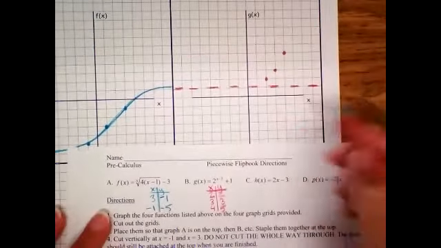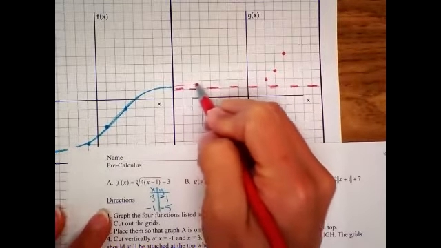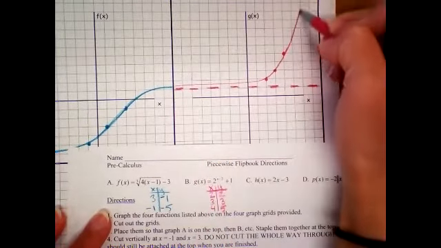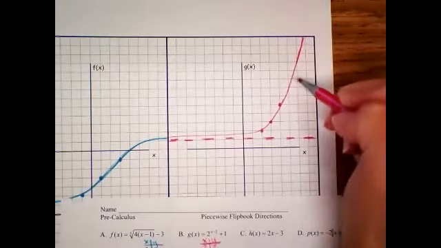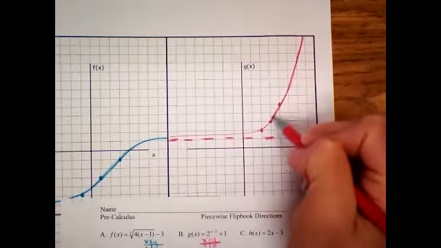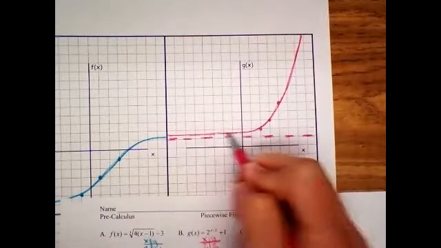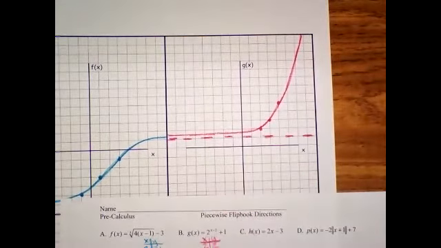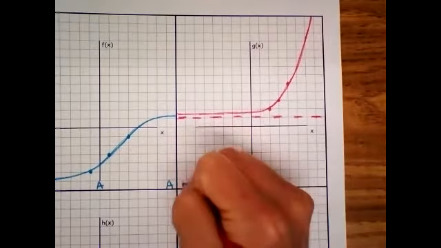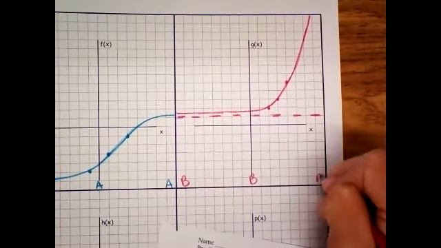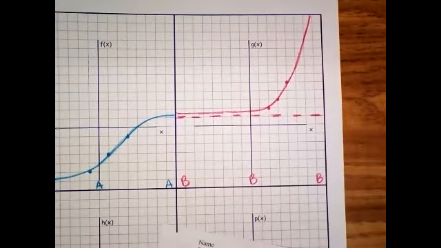And again, just make it go all the way to the edges of the grid. And then you want to label that one B on the left corner, the right corner, and in the middle.